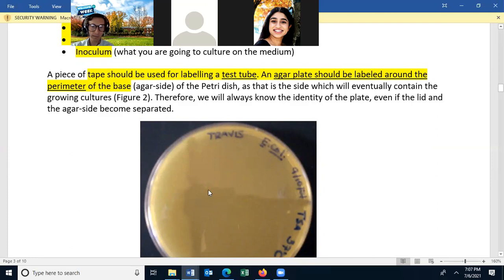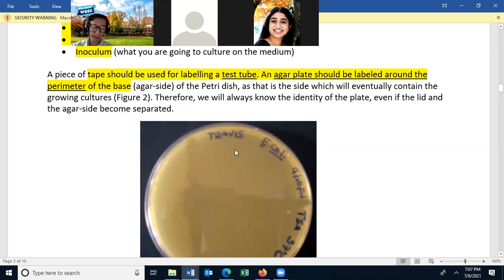Like if we had a black colony growing right there, and you were to write Travis right there, you might hide the black colony. You always write on the bottom of the Petri dish, because if the lid gets separated from the bottom, the organism is always going to be on the bottom, because that's where the agar is.